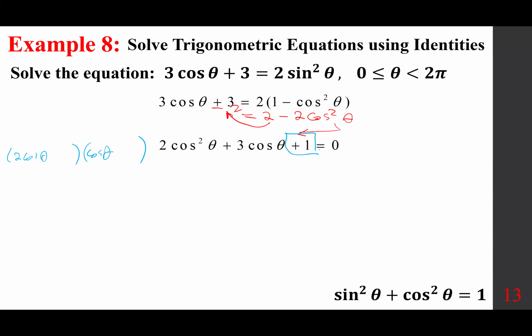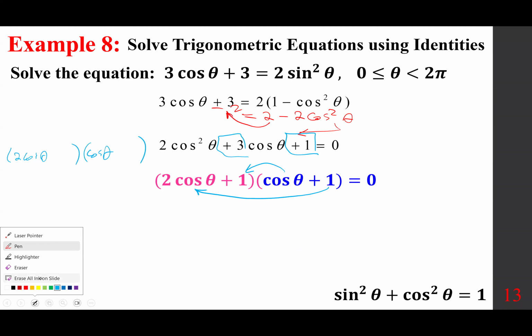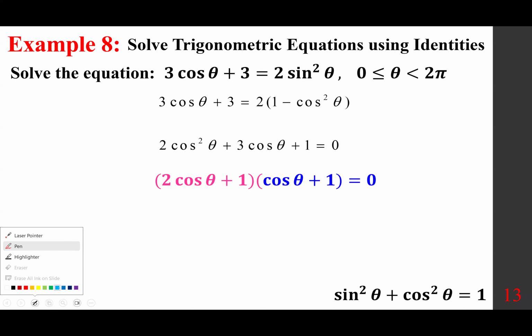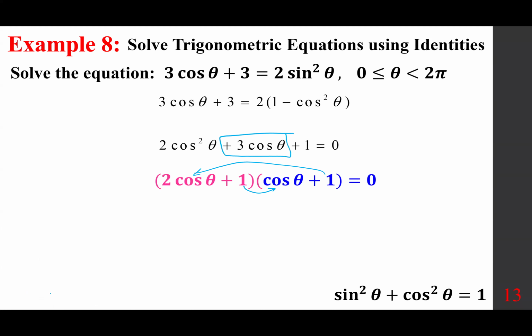And the reason you put positive is because this is positive 3. But take a look, this is 1 times cosine, this is 1 times 2 cosine. They must add up to 3 cosine theta, and they do. The product of these two and these two must add up to the middle term. That's how you did factoring in class. I'm hoping everybody remembers this stuff.